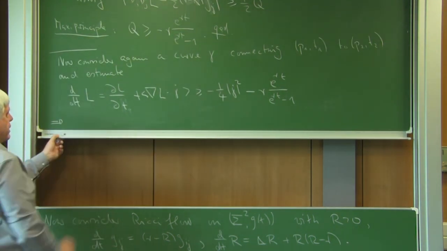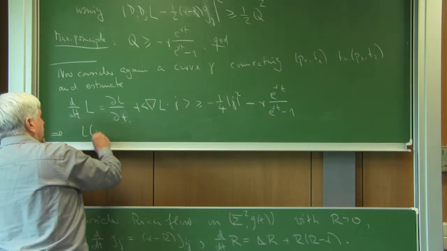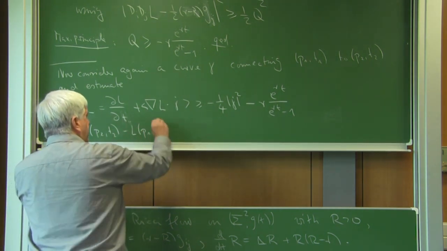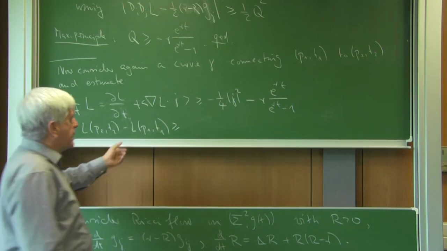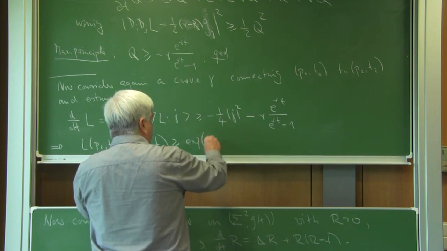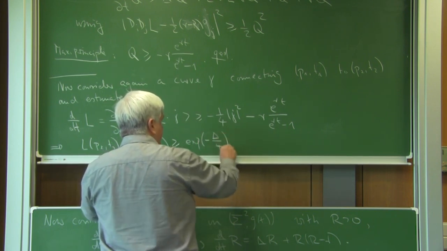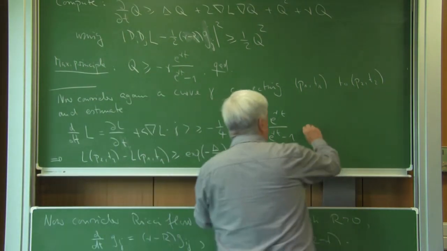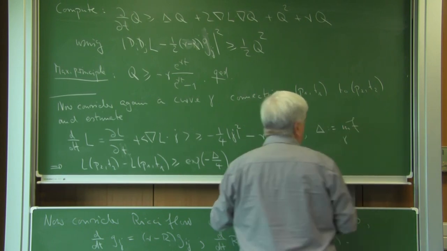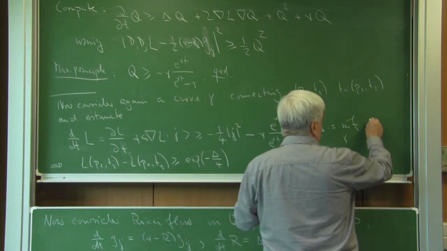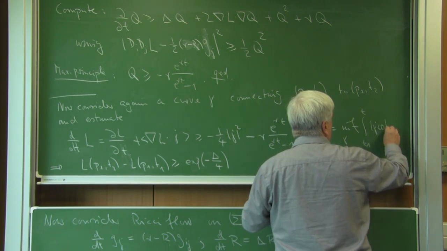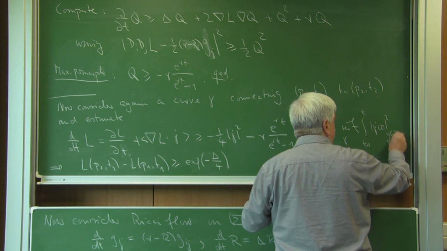So we conclude that L at P2, T2 minus L at P1, T1 is bounded from below by e to the minus delta on 4, where the delta is now defined again as the infimum over all gamma in space-time from T1 to T2 of gamma dot of tau squared, but this is now with respect to the metric at time tau.